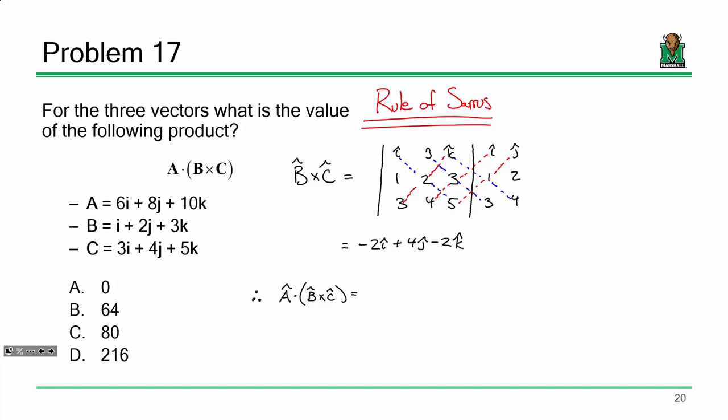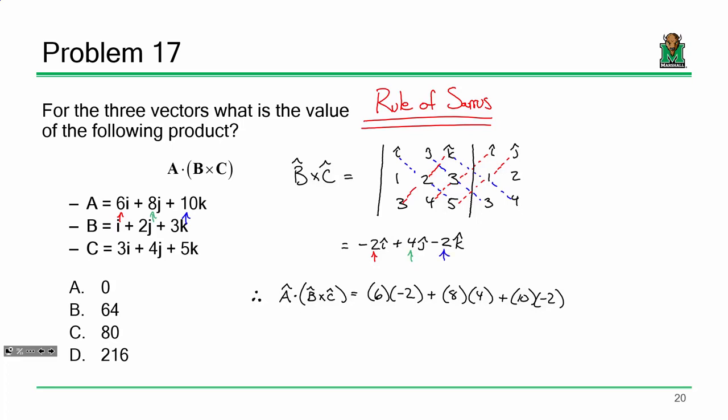So what are we going to do? We're going to do 6 minus 2, 8, 4, 10, minus 2. You see how I did that? Because I'm basically just doing that times that. I'm doing that times that. And I'm doing that times that.